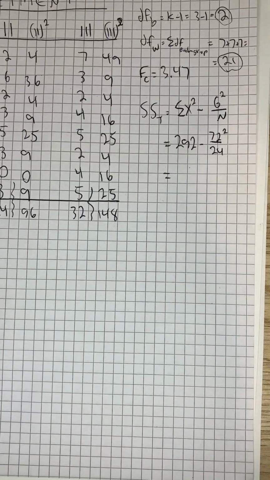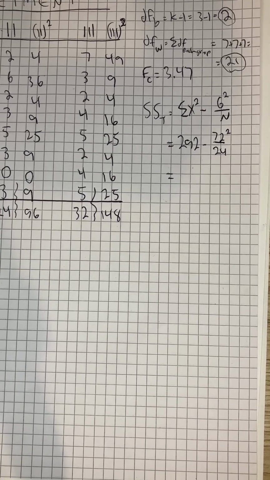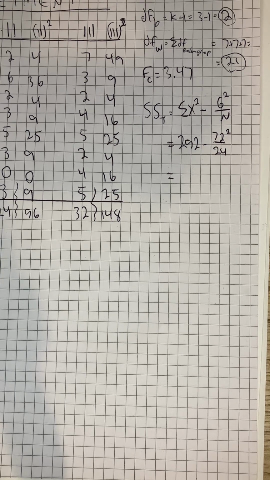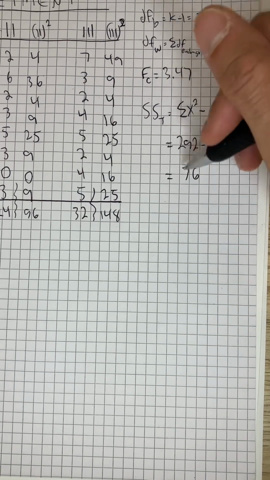So we get 292 minus 72 squared over 24. So we get 76.